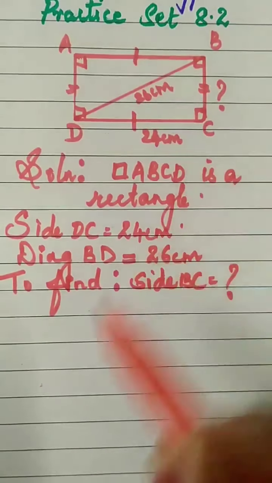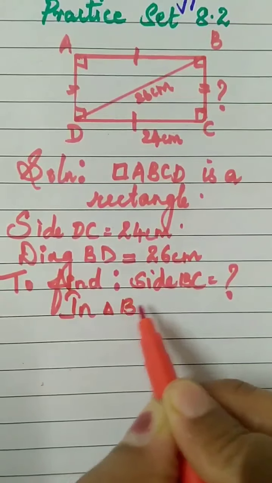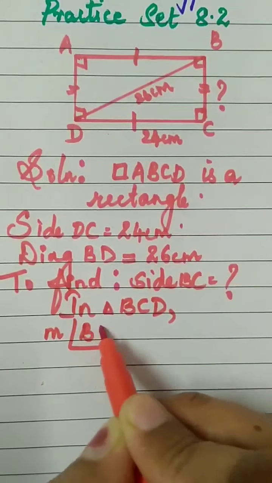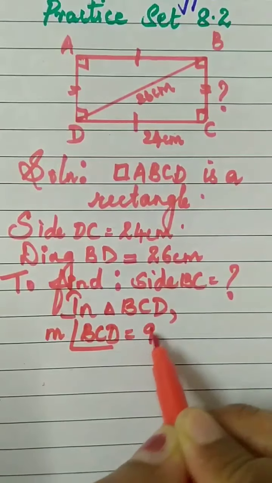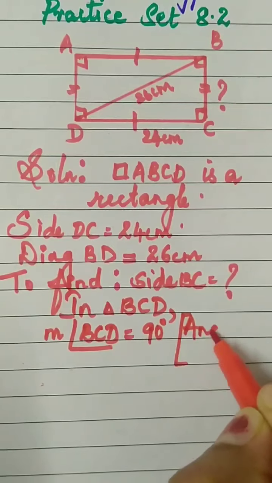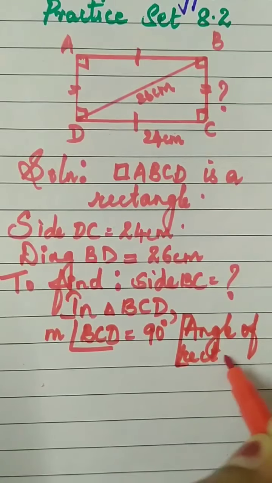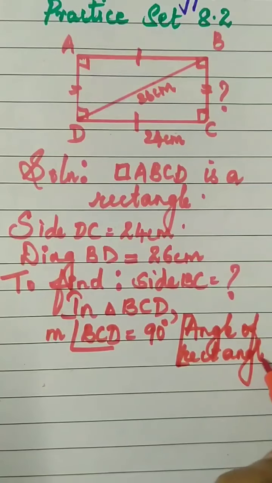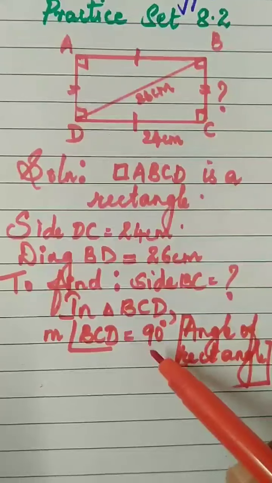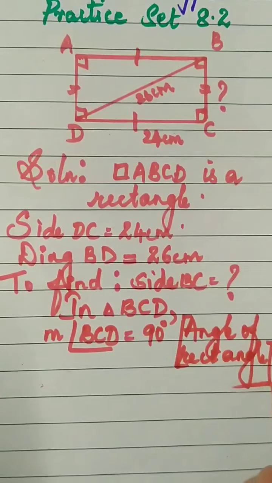So let's start. We will write in triangle BCD, specify measure of angle BCD is equal to 90 degree. Reason you will write why it is 90 degree, because that is angle of rectangle. All the angles in a rectangle is 90 degree, no? So that is the reason why we are saying BCD is 90 degrees so confidently, because it is angle of rectangle.